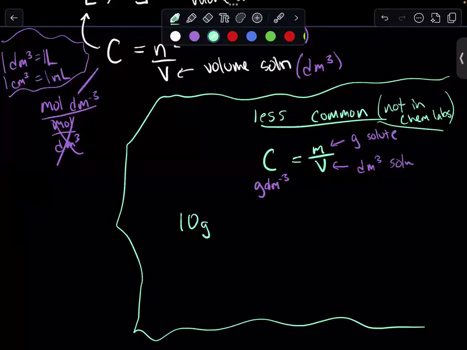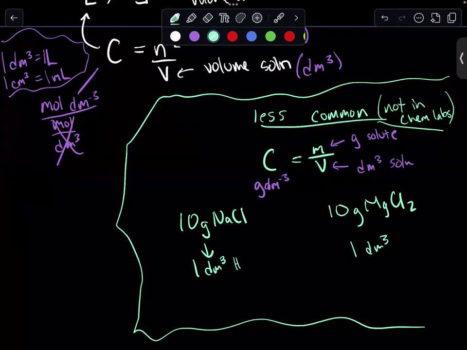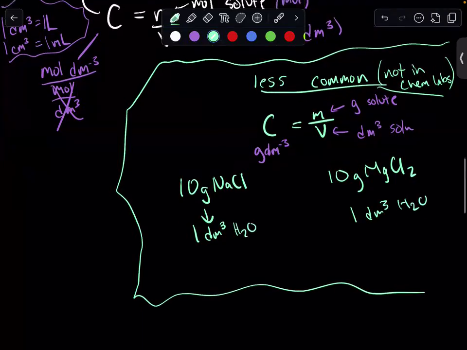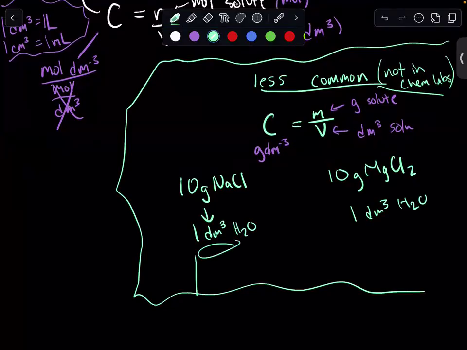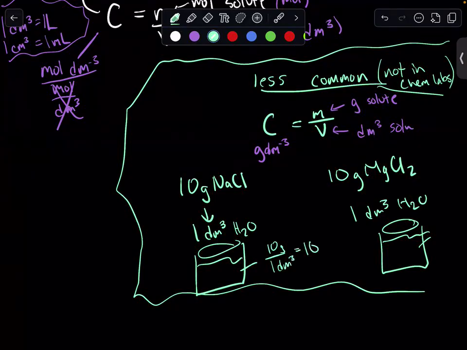If I have 10 grams of sodium chloride and 10 grams of magnesium chloride, and I put them both in 1 decimeter cubed of water each, and we make approximately 1 decimeter cubed of solution, this would have a mass concentration of 10 grams per decimeter cubed. And that would be the same for both.